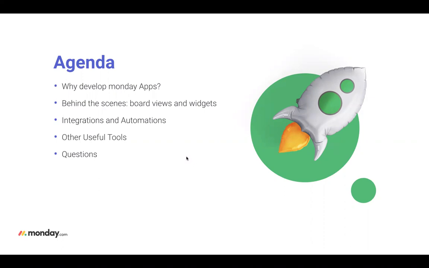A lot of the features in our platform, you could build a copycat version of them using our apps framework. I think that's a really cool sign, because it means that we are opening up our platform and all of its features to you. I'm also gonna, closer to the end, enumerate every single thing you can do with the apps framework, all of the features that are available to you, and then we'll do questions.